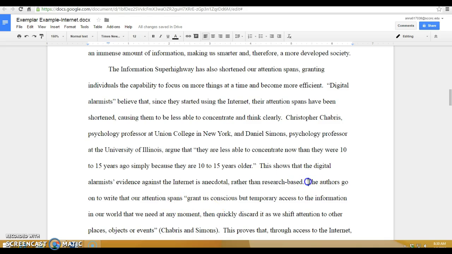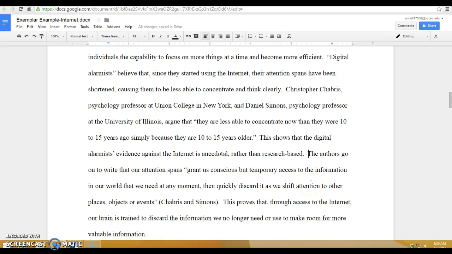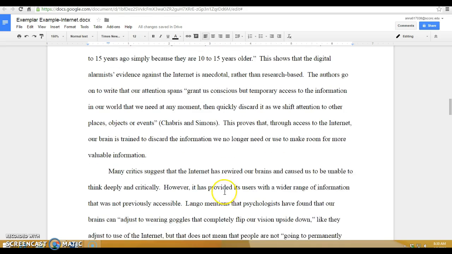Here's my second piece of evidence. The authors go on to write that our attention spans, quote, grant us conscious but temporary access to the information in our world that we need at any moment, then quickly discard it as we shift attention to other places, objects, or events. Commentary. This proves that, through access to the internet, our brain is trained to discard the information we no longer need or use to make room for more valuable information.